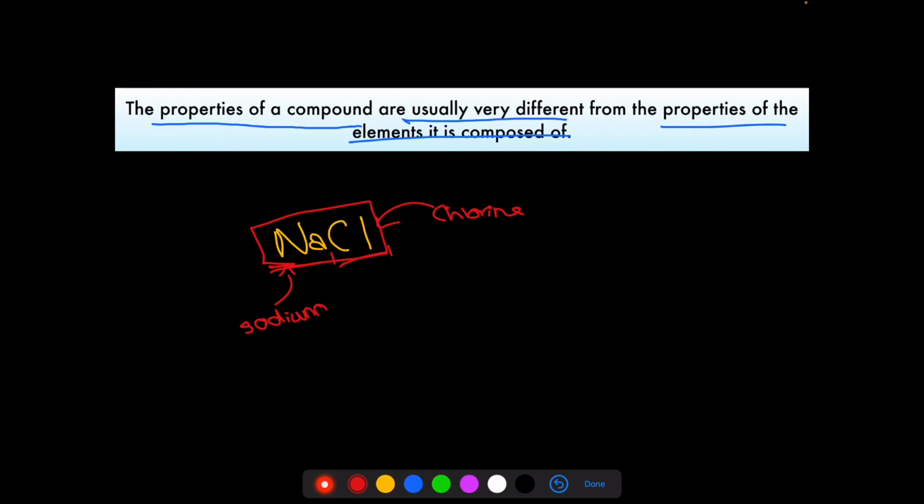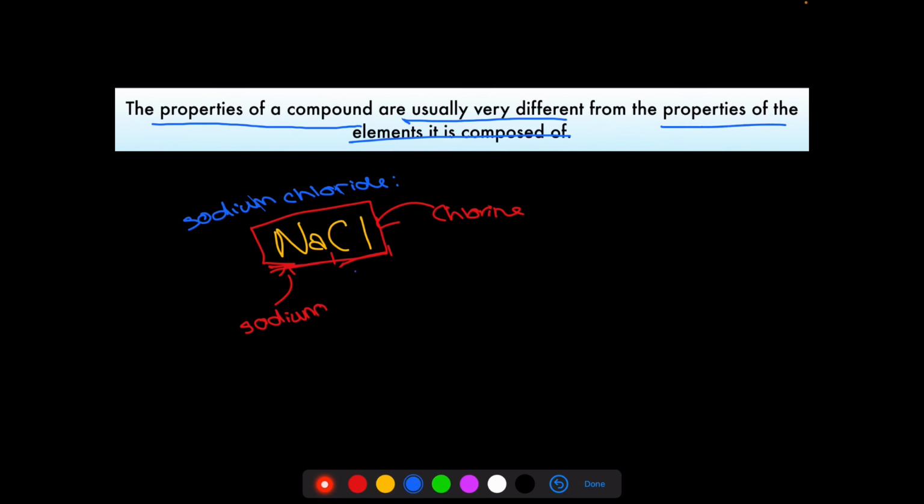So in this compound, you know what this is? This is sodium chloride. Let's just write the name here. Sodium chloride. It is table salt, the common salt we use at home. We use it in food and when we eat it.